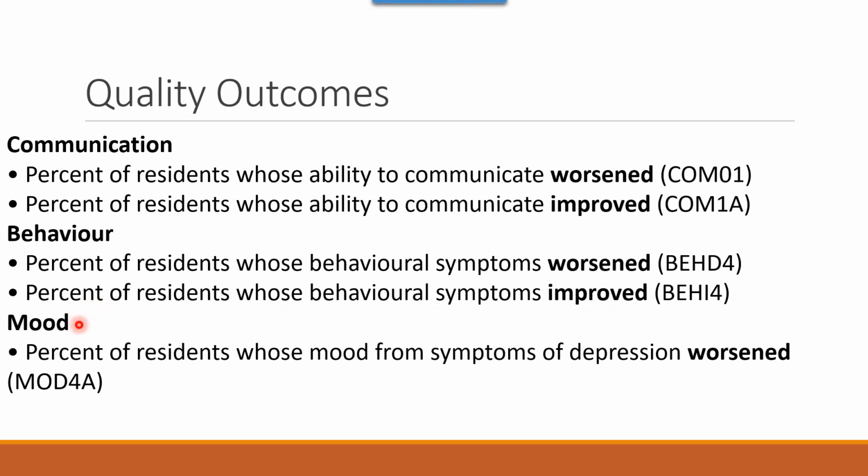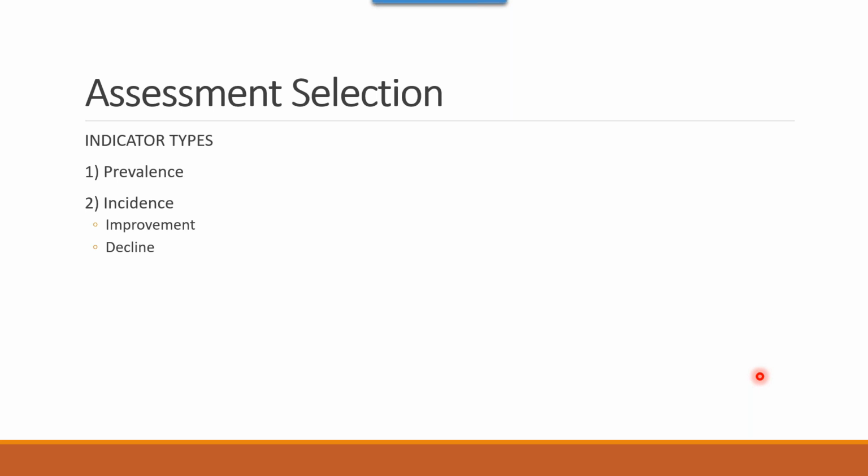And then under the mood indicators, which come from section E1, we're going to look at those people who have had a decline in their mood. So mood has worsened for those individuals. We're not looking at improvement in mood, just these 5 indicators.